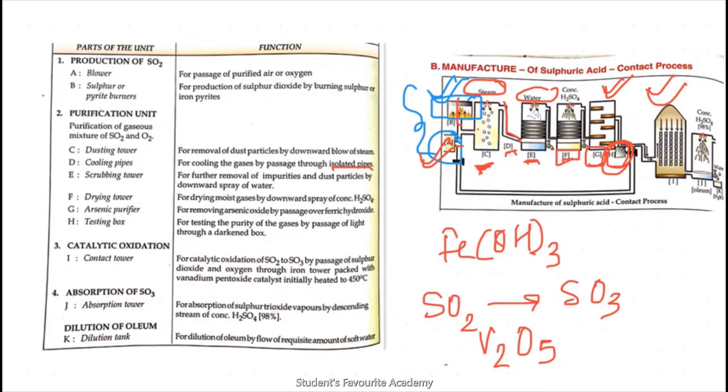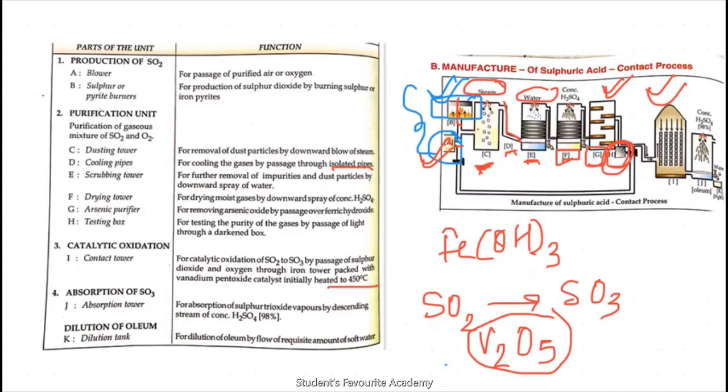So this is the most important chamber of the process. We are using this particular catalyst to convert the SO2 into SO3. Okay, and what is the temperature? If you see, the temperature is 450 degrees Celsius. So it's quite a very high temperature.